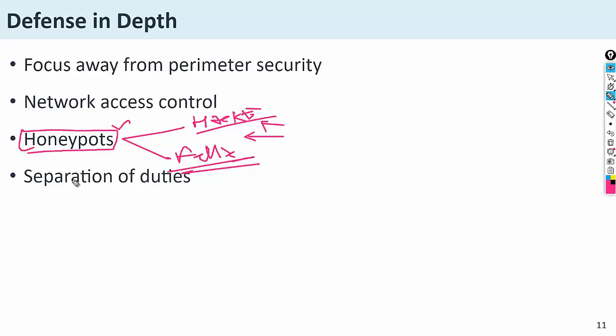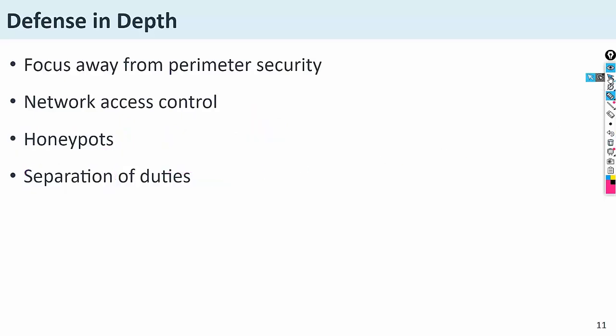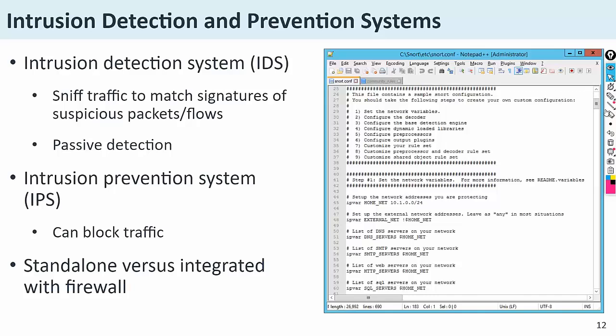Okay, segmentation we have already discussed. One more security device can be used inside the network. It is called an IDS, intrusion detection system, and another is a prevention system.